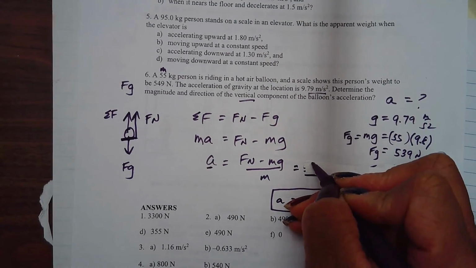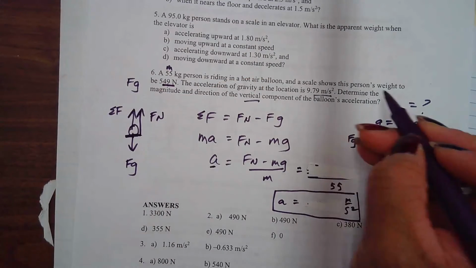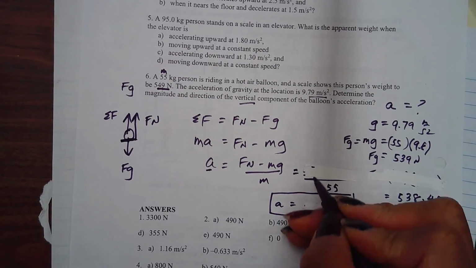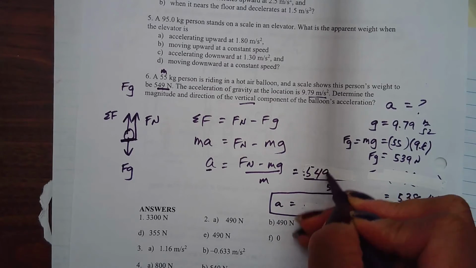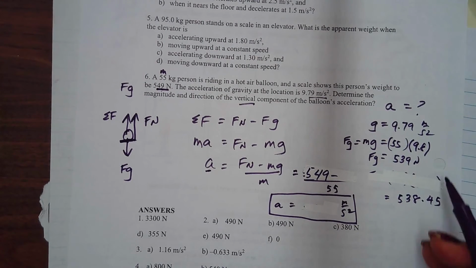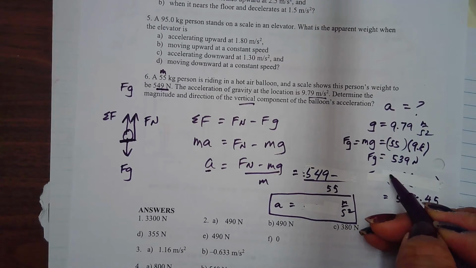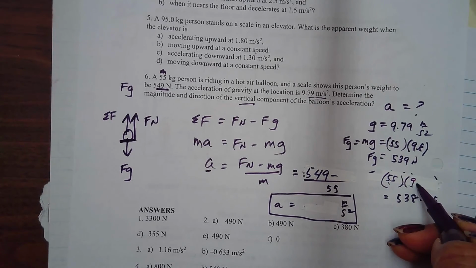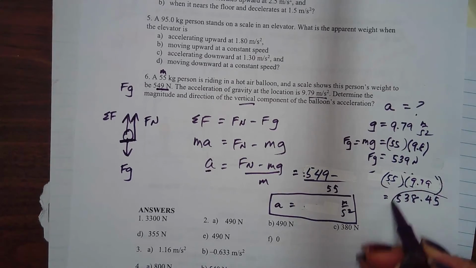So Fn is, oh, it's right here. The scale. So 549 minus, what do we put for the weight of this person? The weight of the person then will be the 55 times, right here, 55 times 9.79, which is this one right here.